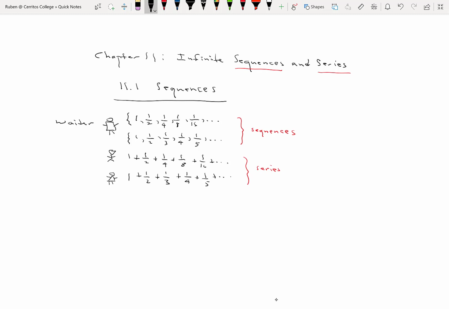The series 1 plus 1/2 plus 1/2 of 1/2, 1/4, plus 1/2 of 1/4, 1/8. That is the series that represents the amount of pizza in the male on the date, the guy on the date.